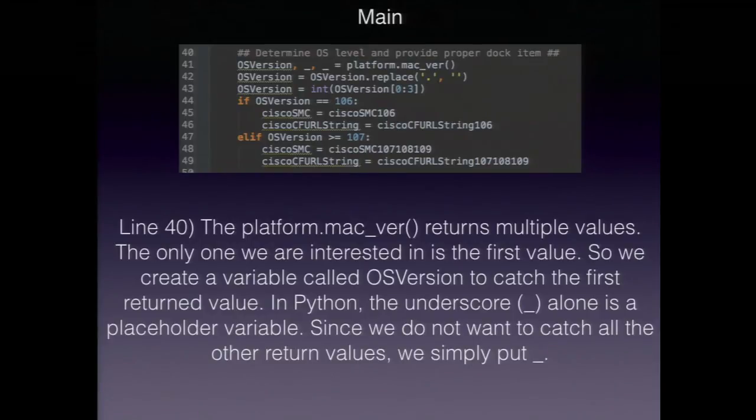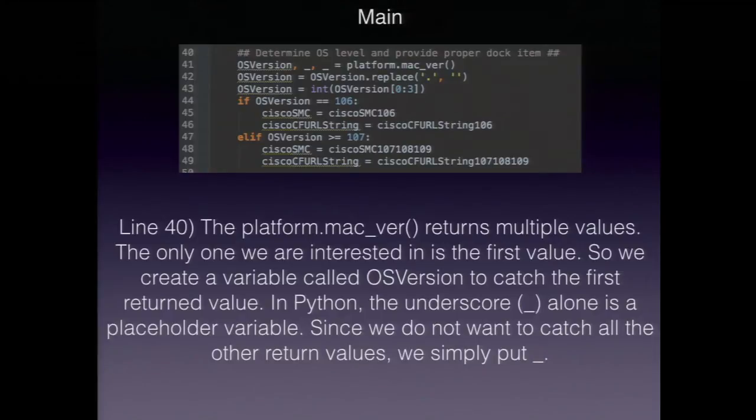And the first thing is 10.9.3, 10.9.4, whatever the version is with periods, and it returns it as a string. So we go ahead and throw in an OS version variable here. These little underscores just mean that we don't care about the other variables it's returning. We're not going to do anything with them, but this way, at least it won't give us an error.